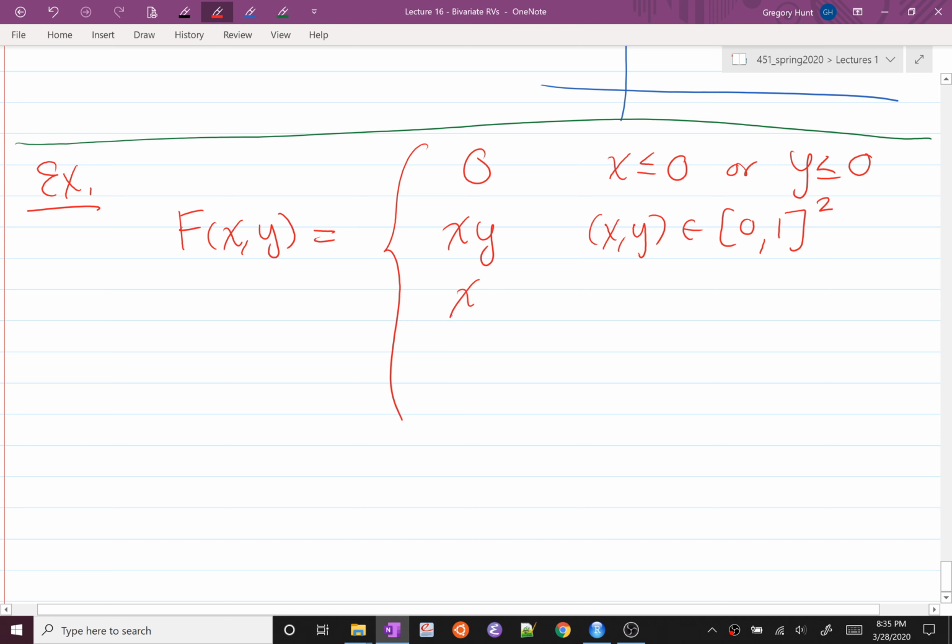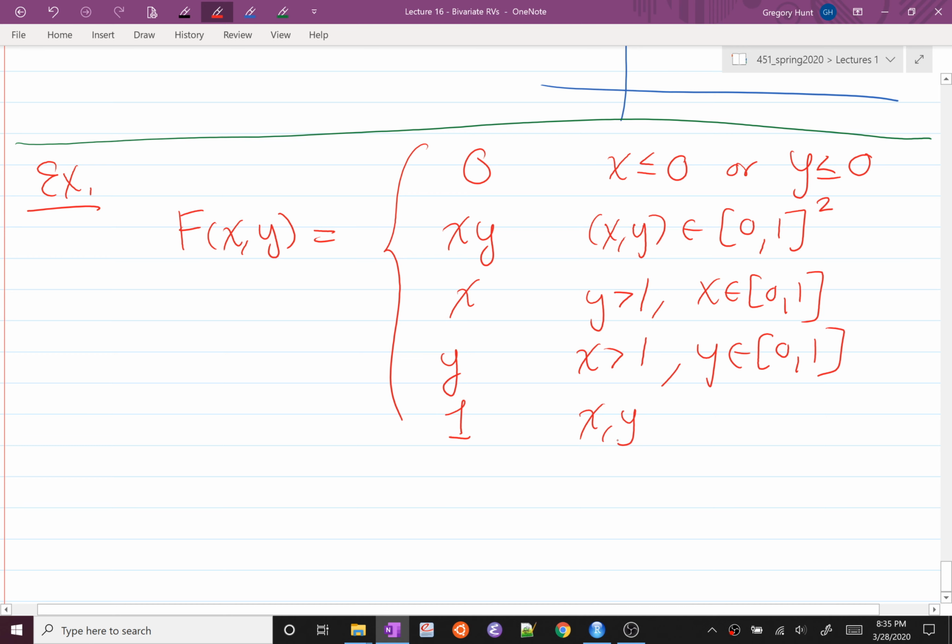It's x if y is bigger than 1, but x is in the unit interval. It's y if x is bigger than 1, but y is in the unit interval. And it is 1 if x and y are both bigger than 1.